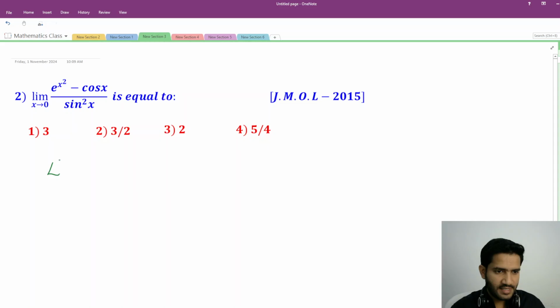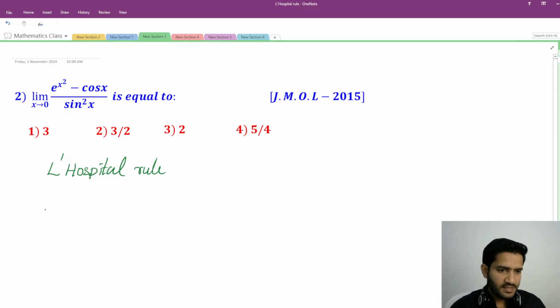L'Hospital rule or L'Hopital rule. It is not an English letter.